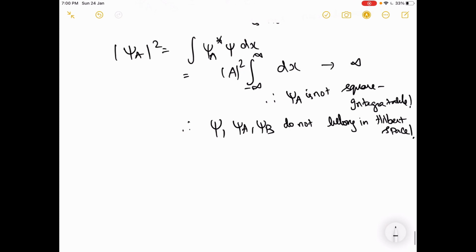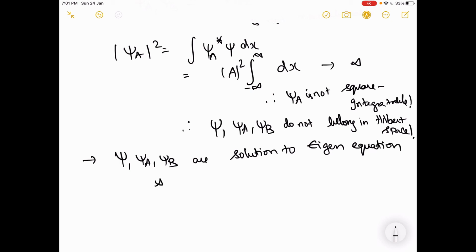The mistake is again very simple. The psi a and psi b are solutions to the eigen equation, and they are just eigenfunctions or vectors.